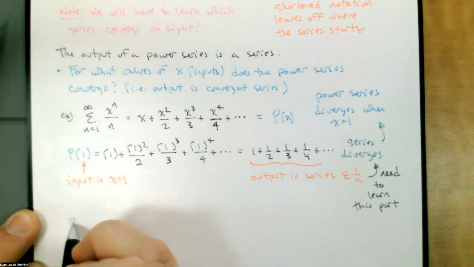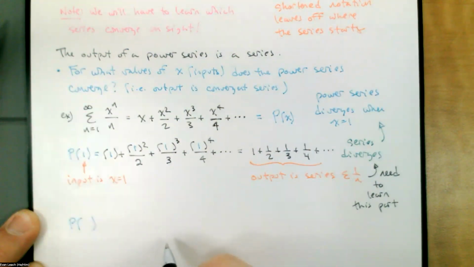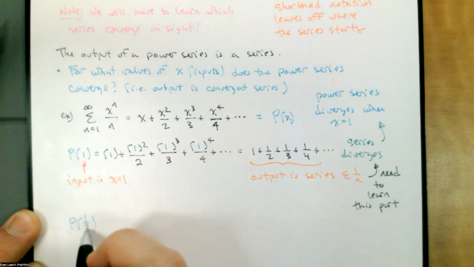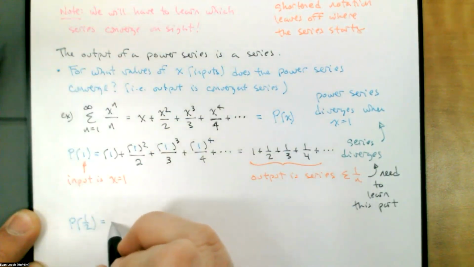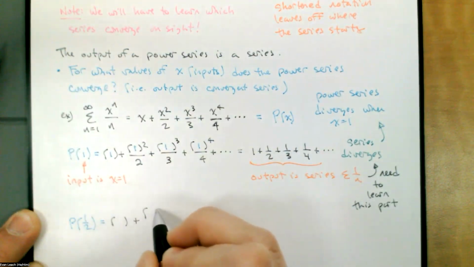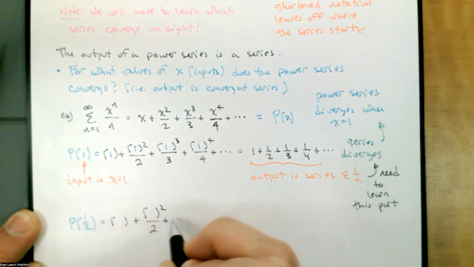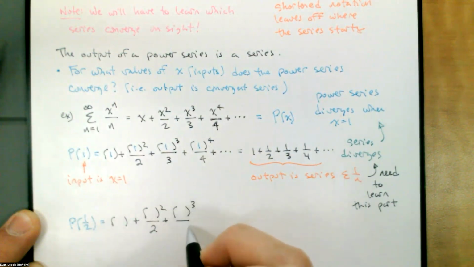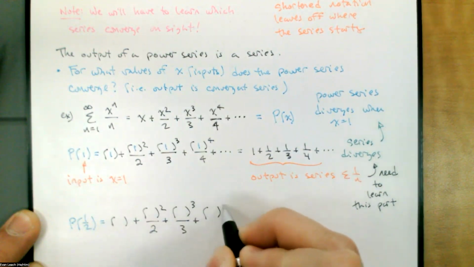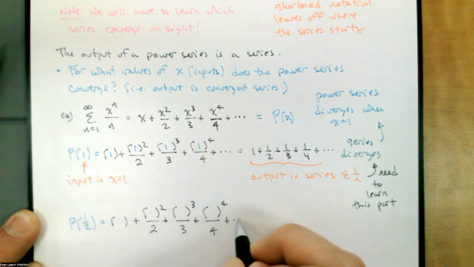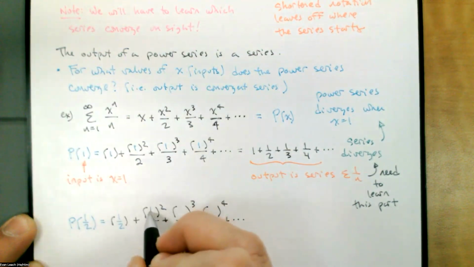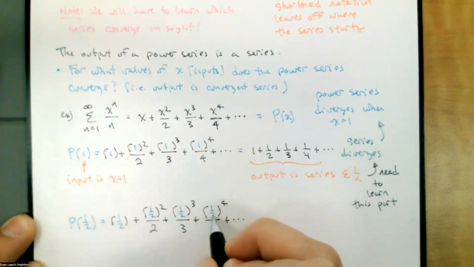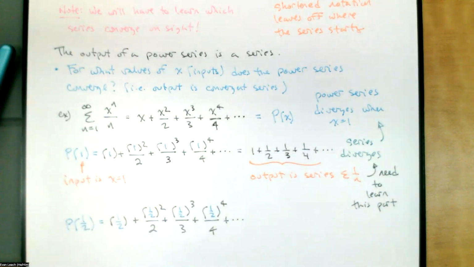So if I change my input to something else, like 1/2, here's what our series looks like. x plus x squared over 2 plus x cubed over 3 plus x to the 4th over 4, and so on. There's our input of 1/2, and our output is a series.